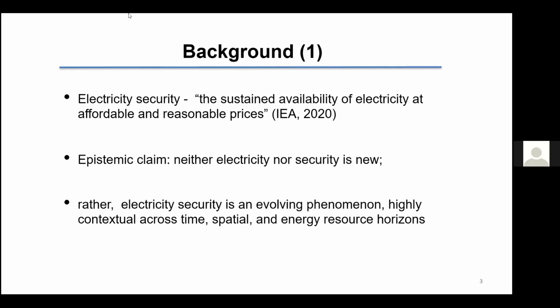Because most of the articles on electricity security that come after that report tend to use the measures of IEA. So this is just something for you to think about as you continue to refine your criterion variable.